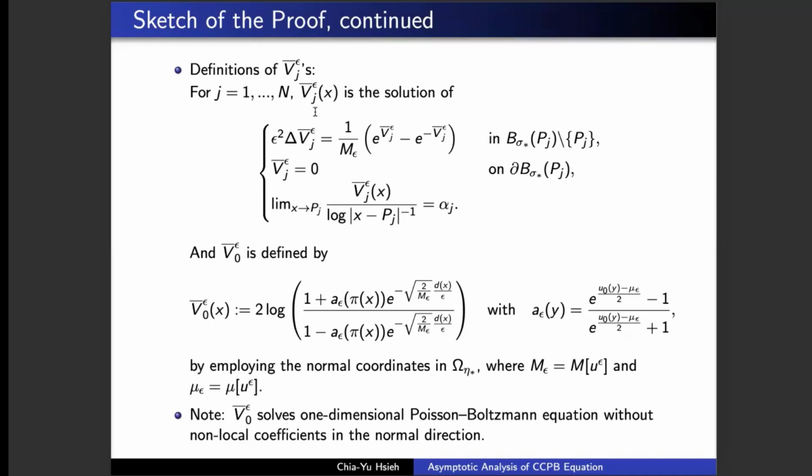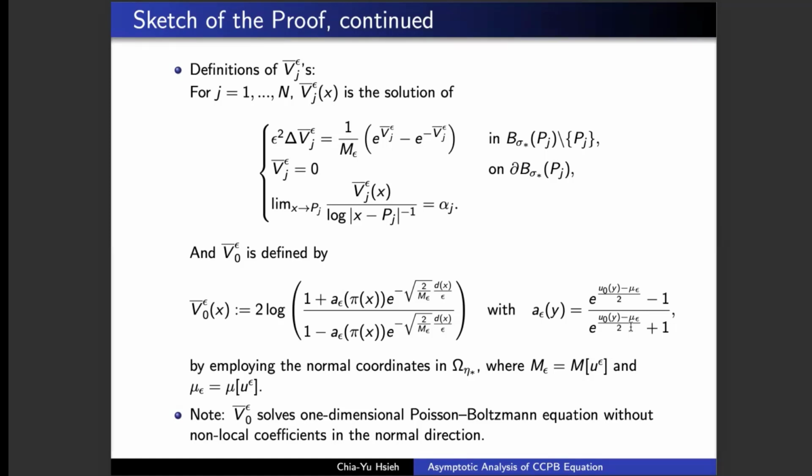the approximation functions capital Vj bar and capital V0 bar should be defined with the coefficients m and mu here. Okay. So this is somehow good enough.